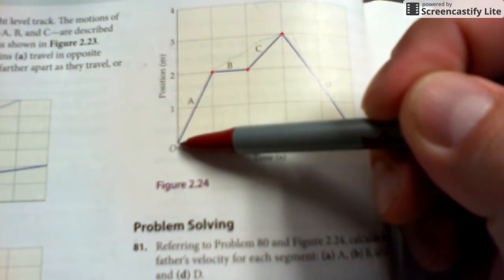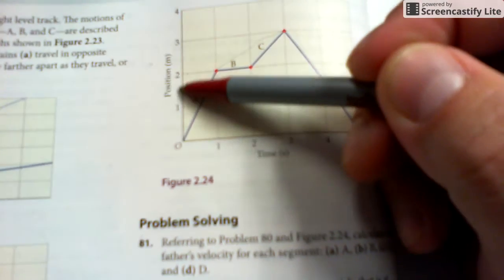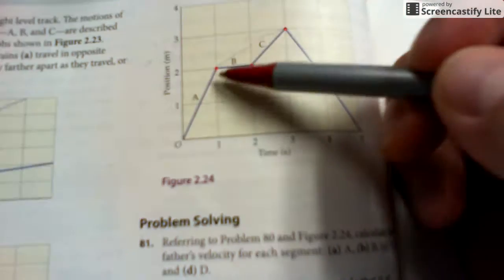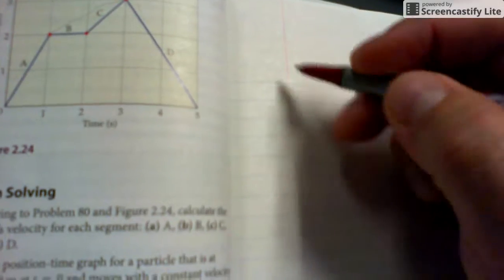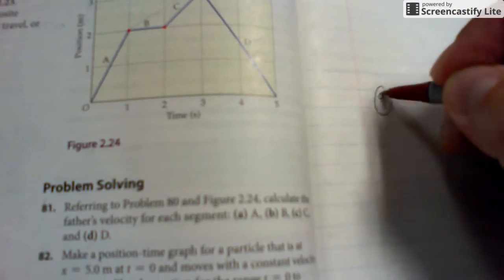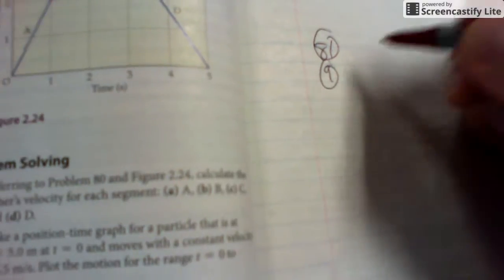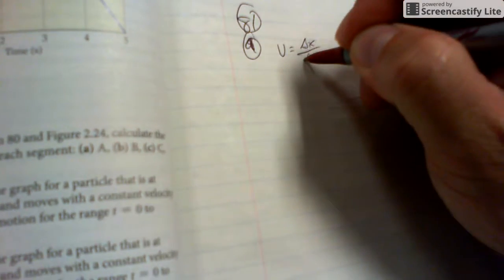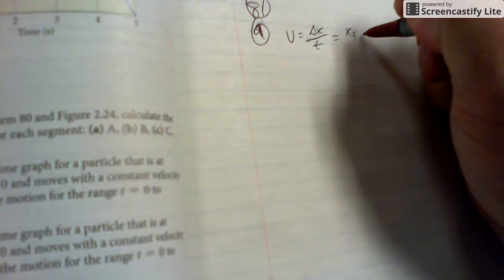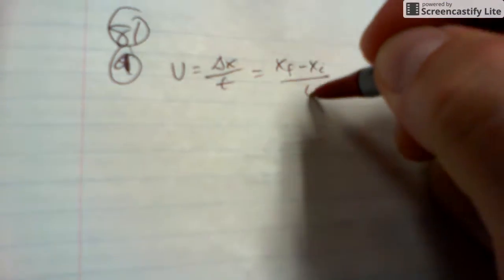So rise goes from 0 to 2. So our rise is 2, and our run is 1. 2 over 1 is 2 meters per second. So we'd write over here for part A for 81, velocity is equal to our change in position over time: final position minus initial position divided by time.